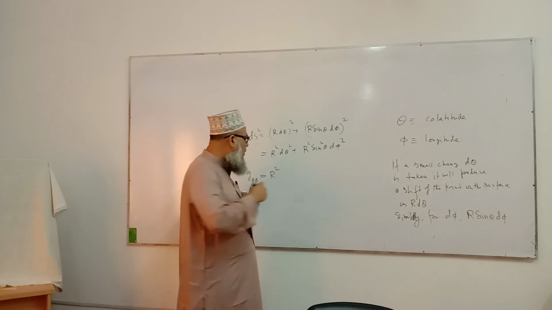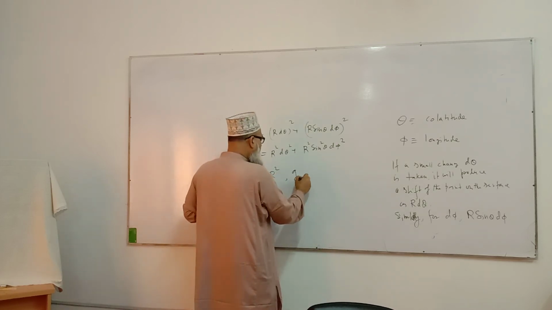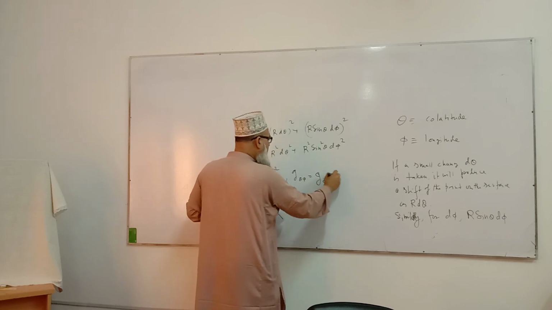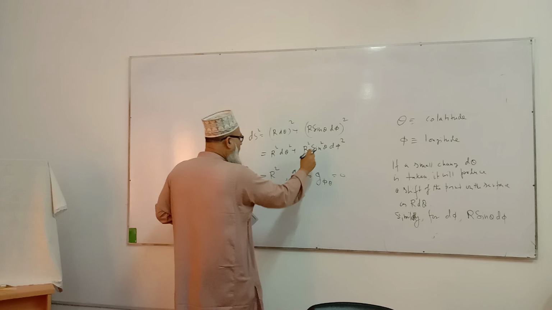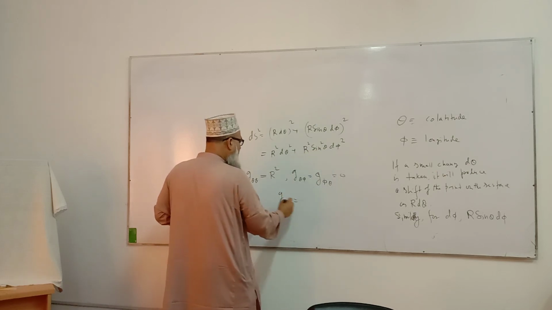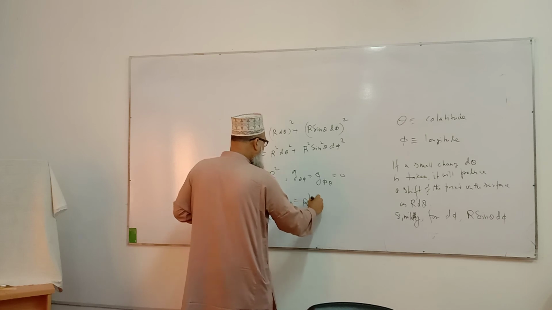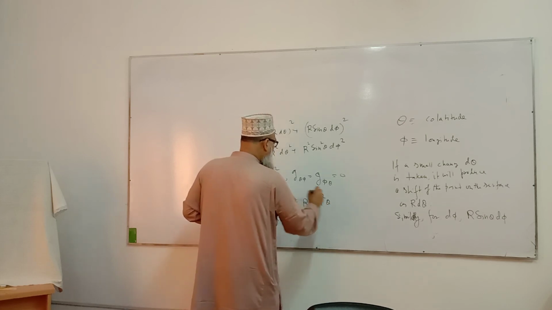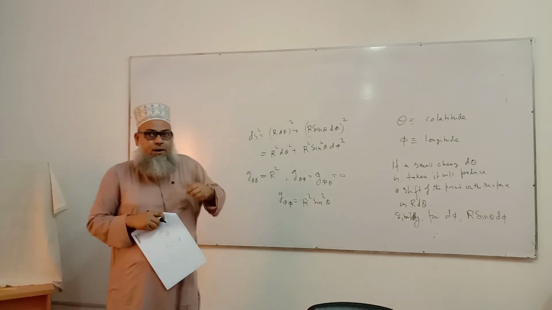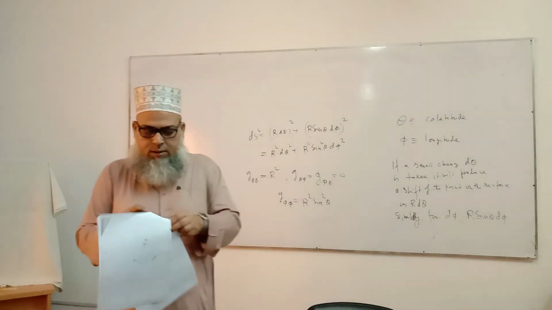No. So g theta phi equals g phi theta equals 0. And this is g phi phi. This is R square sin square theta. Understood?